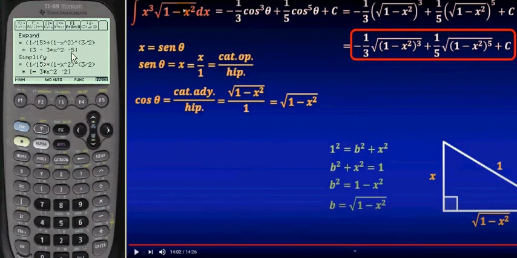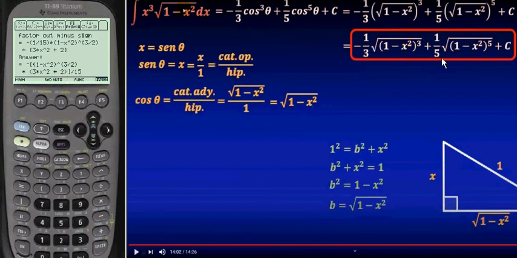And we expand it, distribute to 3 minus 3x squared minus 5. We simplify here. 1 over 15 times 1 minus x squared to the 3/2 times minus 3x squared minus 2. Factor out the minus sign. We come up with the answer, minus 1 minus x squared to the 3/2, times 3x squared plus 2, over 15.